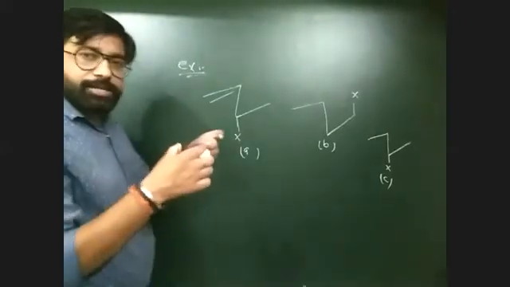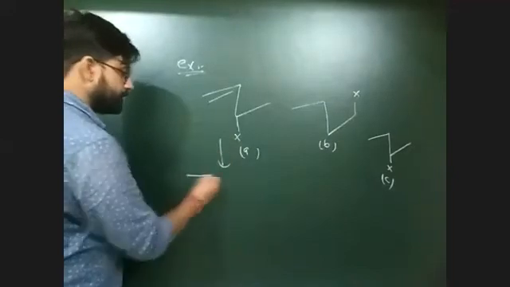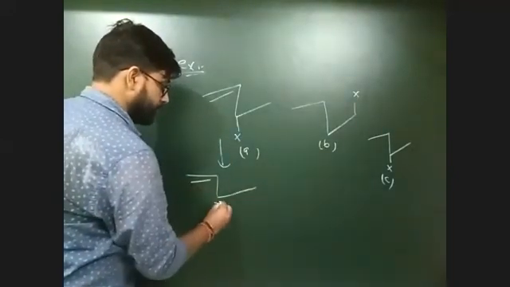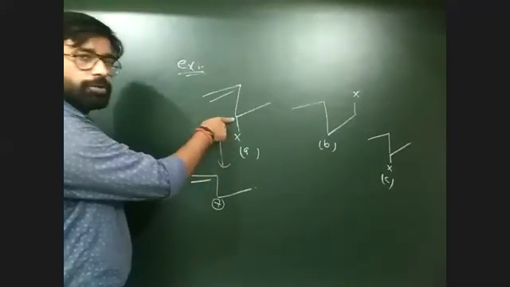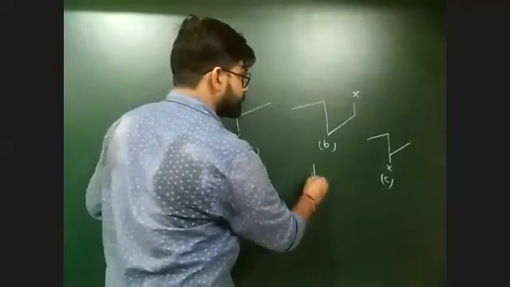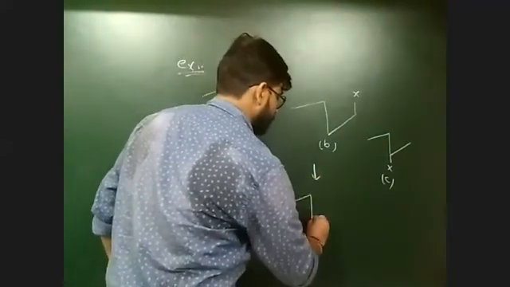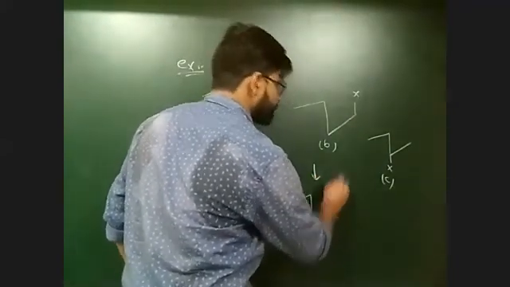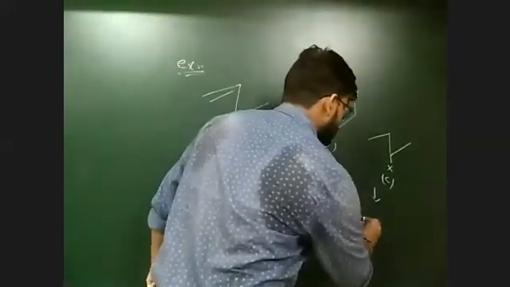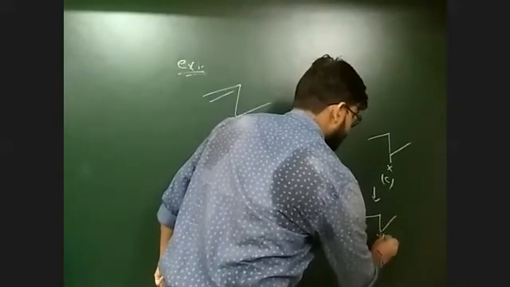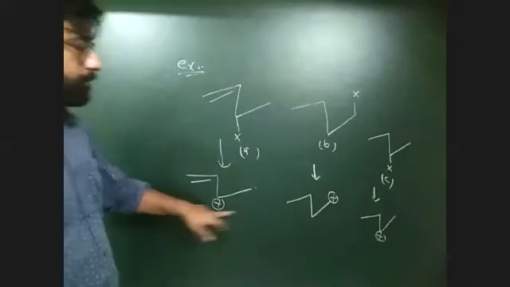If we break the C-X bond, then here is the plus, because X is bonded to this carbon. In this case, here is the plus, so here is the carbocation.